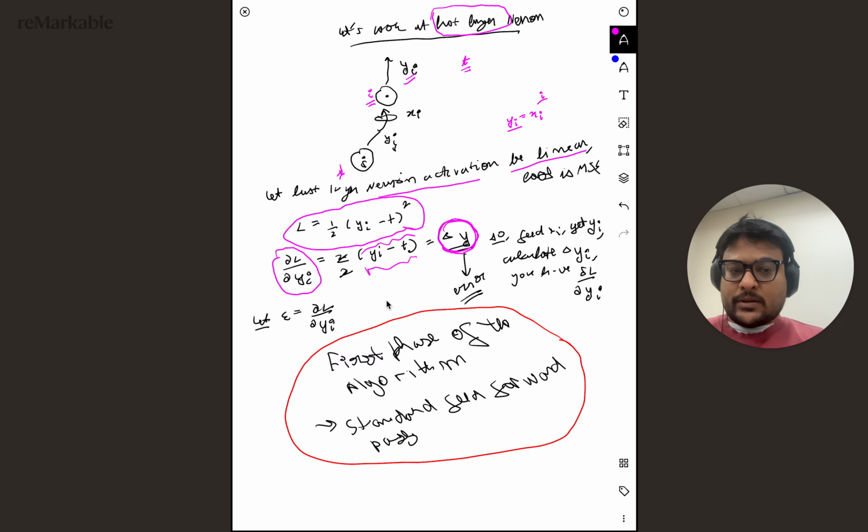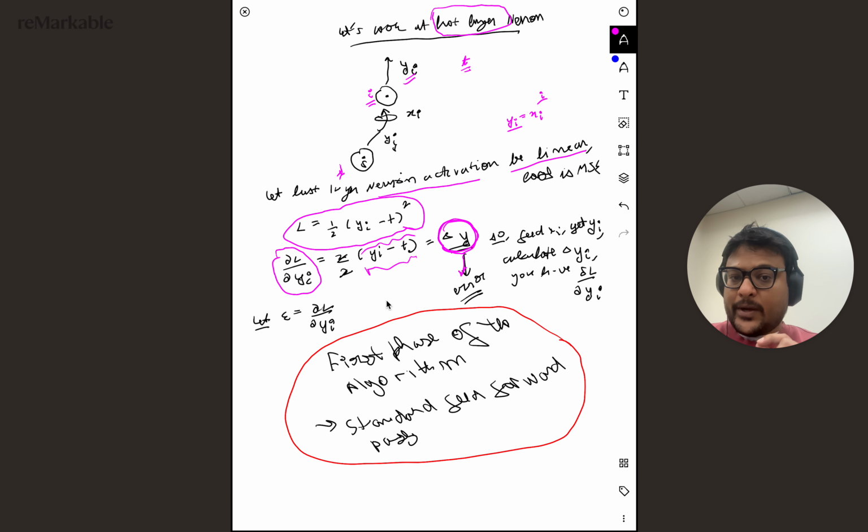So you can imagine the first phase of this algorithm is that you feed in your input, and you get this xi that predicts yi, and then you compute the error between yi and the target, which gives you the delta yi.